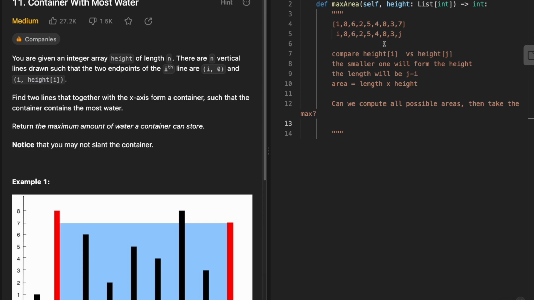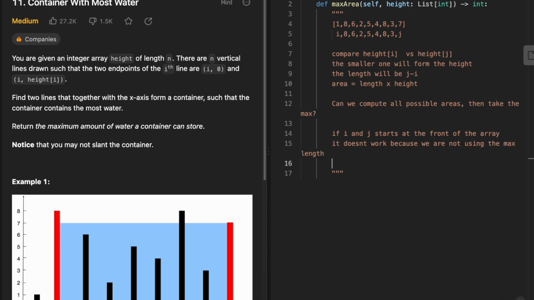Okay, so if i and j start at the front of the array, it's not intuitive, right? It doesn't work because we are not using the max length.